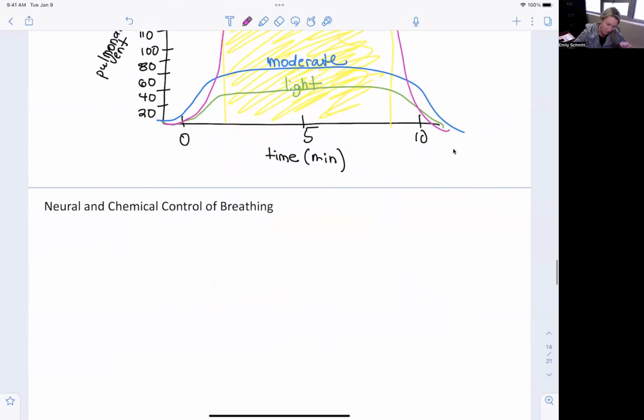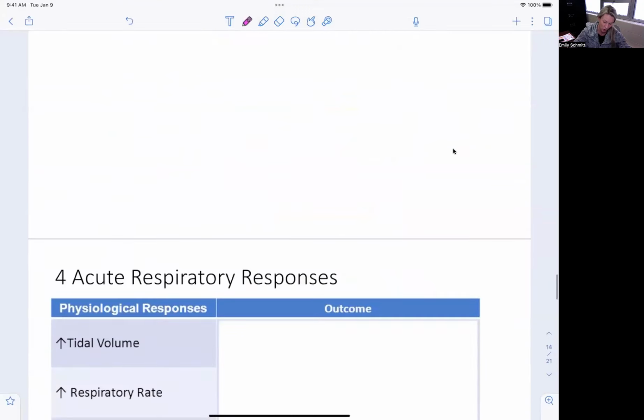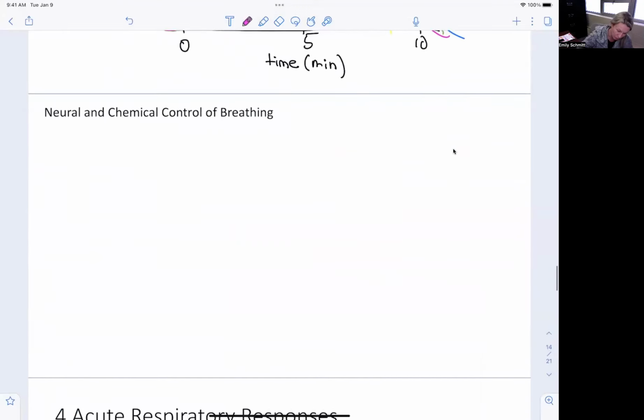So in talking about the neural and sort of chemical control of breathing, for neural, we have stretch receptors in the lungs.